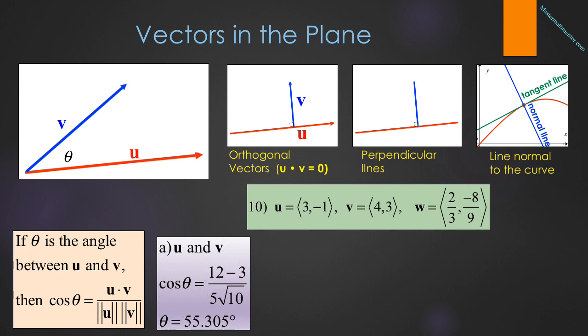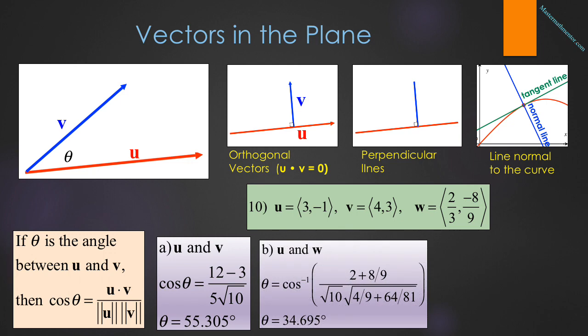For A, finding the angle between vector u and v, we say that the cosine theta is equal to the dot product of u and v, which is 12 minus 3, over the magnitude of u times the magnitude of v. The magnitude of u is the square root of 10, and the magnitude of v is 5. When we take the inverse cosine of this expression, we get 55.305 degrees. Again, make sure you are in degree mode.